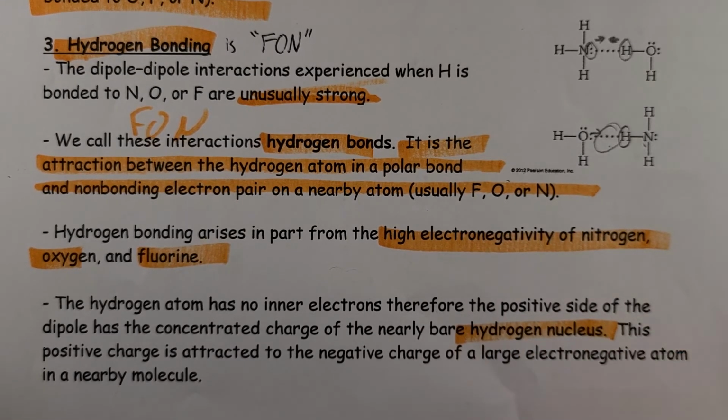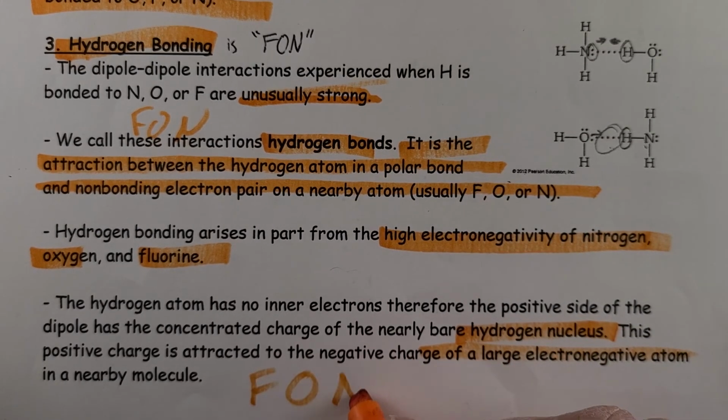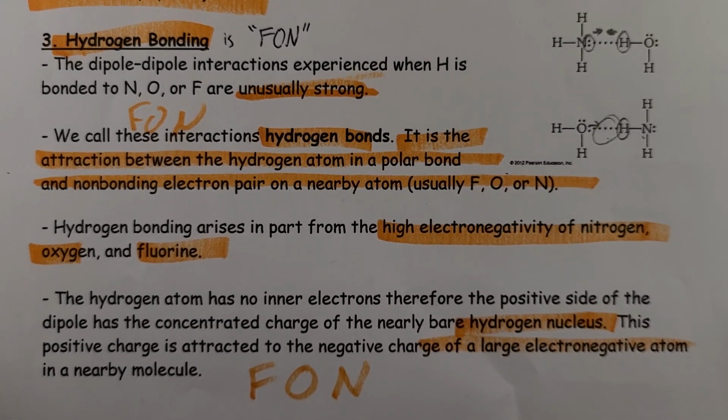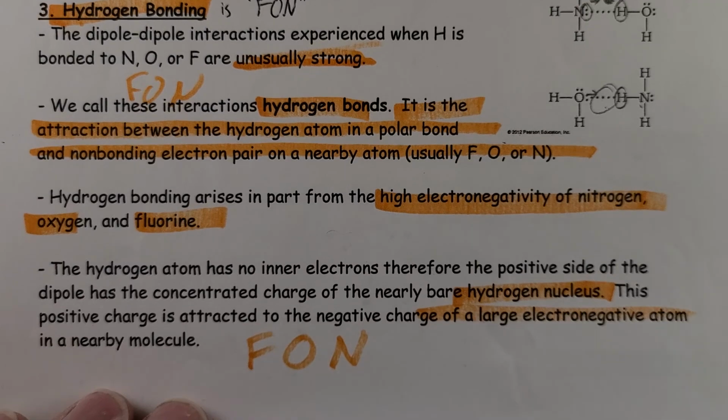So the only thing that's left, if the other atom, the F, O, or N, is taking hydrogen's electron, is a nucleus, which is positively charged. And that positive charge is attracted to the negative charge of the neighboring molecule, which contains an F, O, or N. All right, I think we'll stop there and we'll come back to the next one.